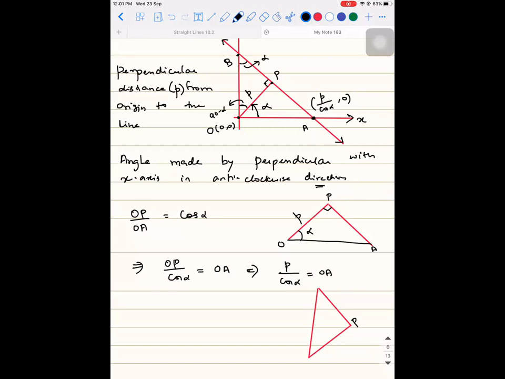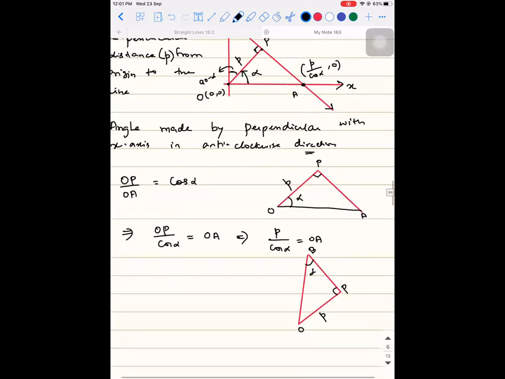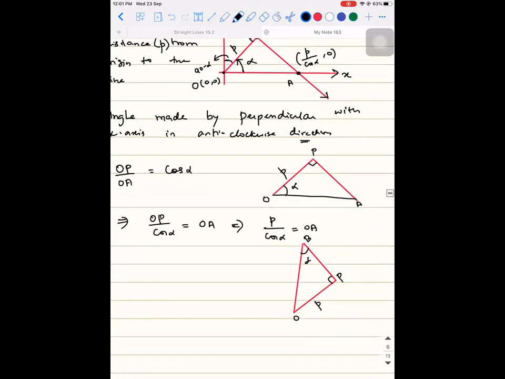This is point P, 90 degrees. OP is given as p. Now tell me, from triangle OPB, what is OP divided by OB?